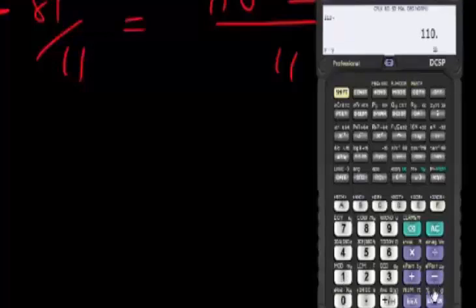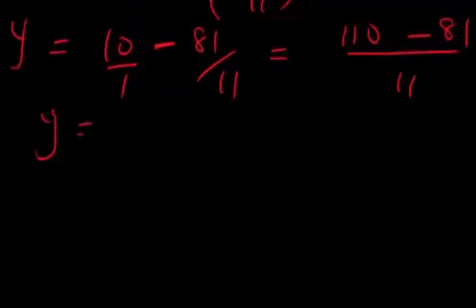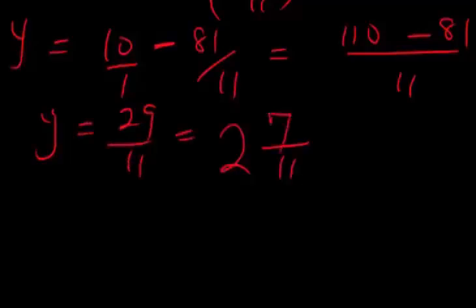Will give us 29. So your y is equal to 29 over 11, which is equal to what? 2 and 7 over 11. So that's your y. So you have two values of y. Y is 1 and y is 2 and 7 over 11. So this is how to solve this particular question.